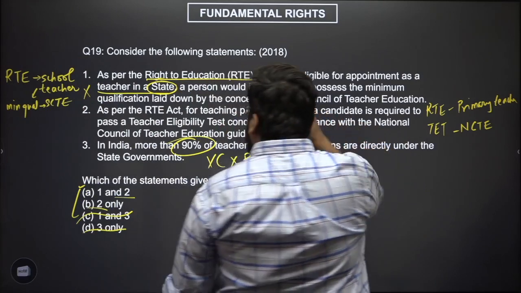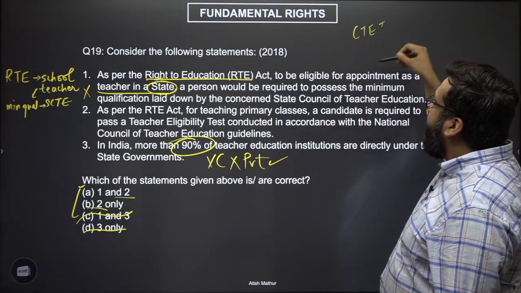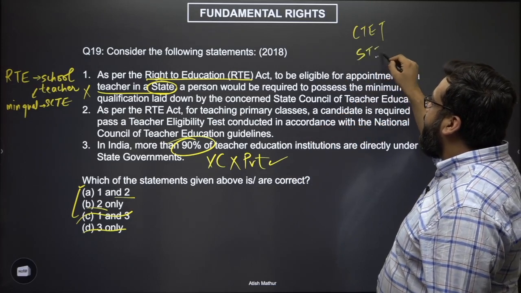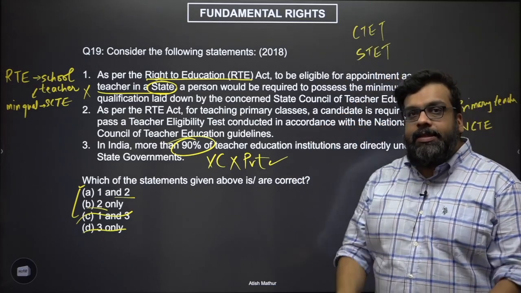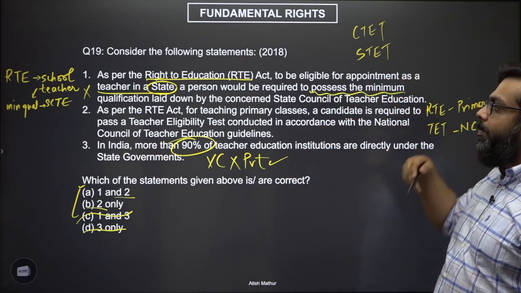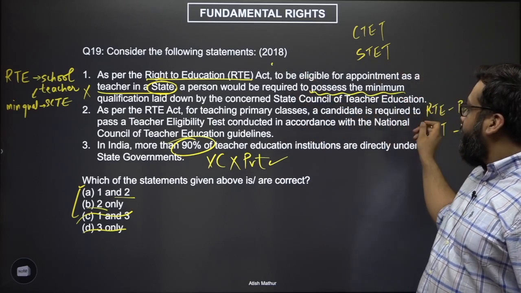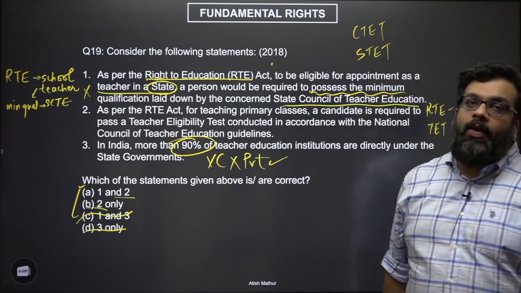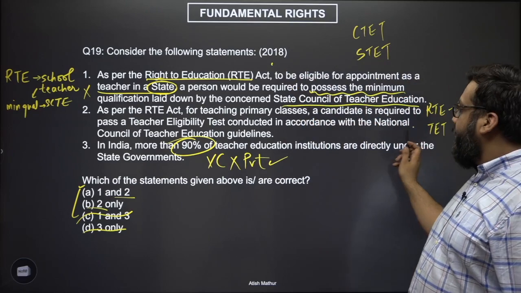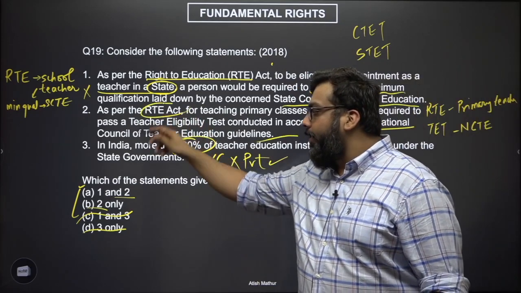I'm sure at least some of you would have heard of the central teachers eligibility test, state teachers eligibility test. That means there is some form of a written test. Here it says you just need to have minimum qualification. A national law requires qualification guidelines on the basis of the state. Here it is through the national guidelines because it's a national law.